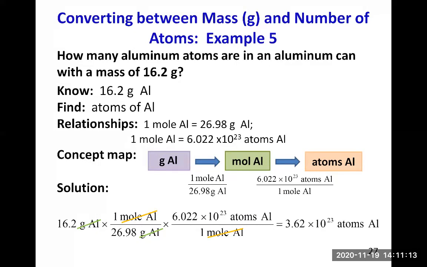So let's verify that the given amount was about half of the molar mass, because if we have half of the Avogadro number, that means we have about half of a mole. And so half of a mole would mean half of the mass. And so yes, this 16 is roughly half of 26.98 grams of aluminum. So this answer makes sense.